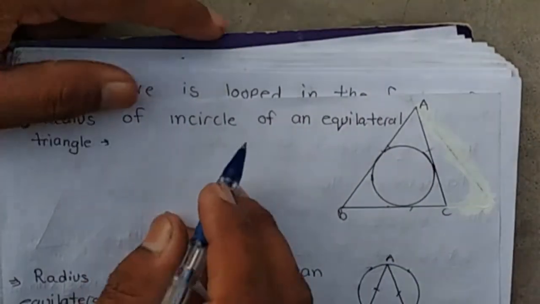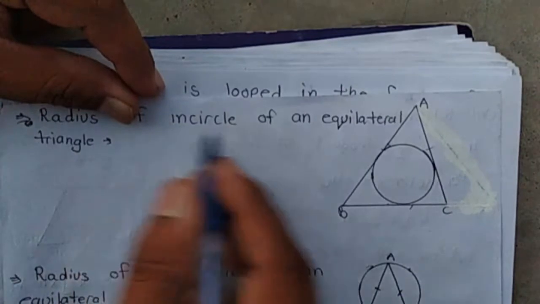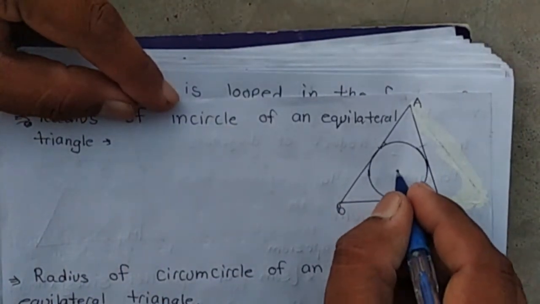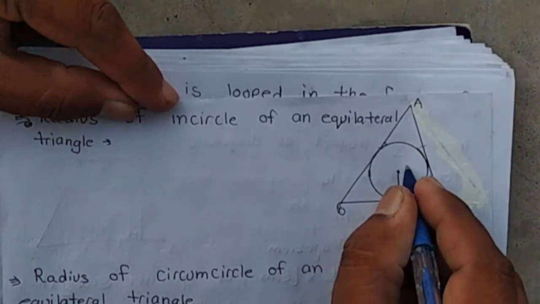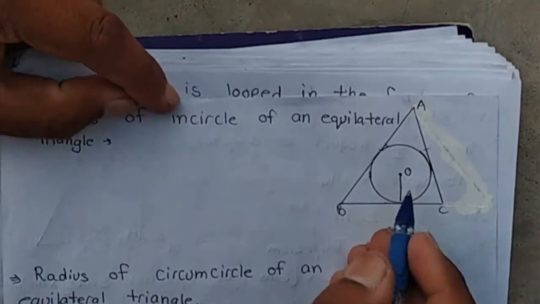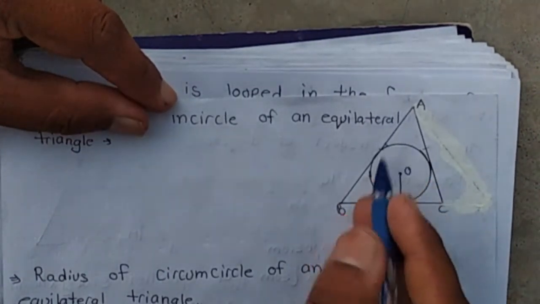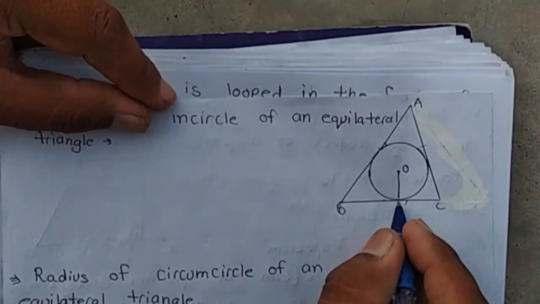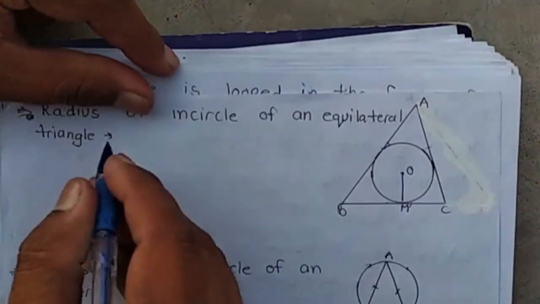Now the radius of the incircle of an equilateral triangle. If we want to find the radius of the incircle, meaning the circle touches the inner surface of the triangle, and the triangle is equilateral, we have to find OM.